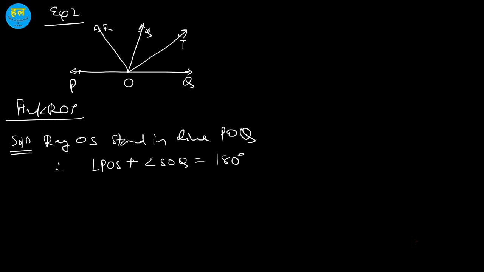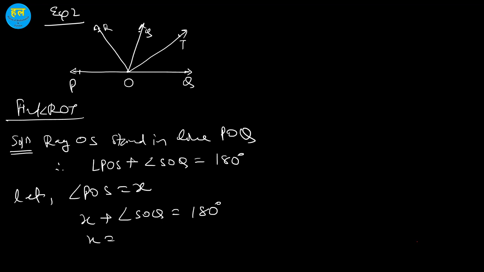Okay. Let us assume that angle POS is equal to x. So x plus angle SOQ is equal to 180 degrees, or angle SOQ will be equal to 180 degrees minus x.